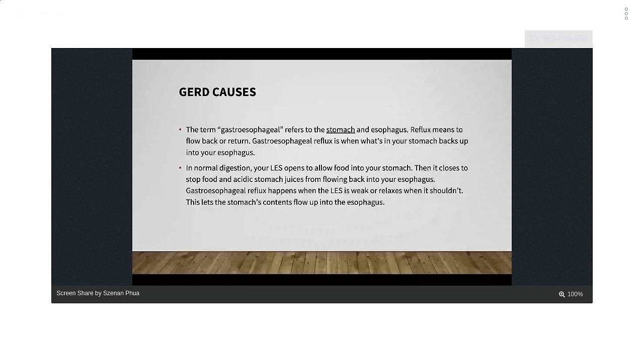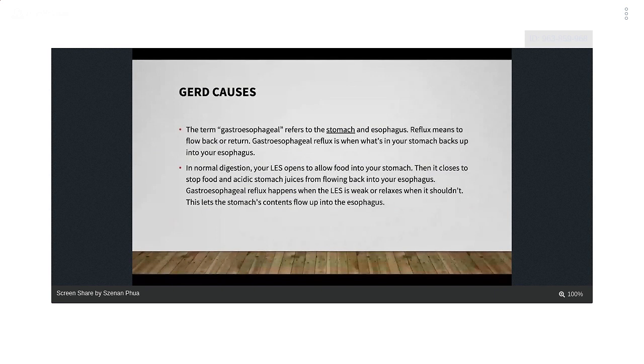In normal digestion, your LES opens to allow food into your stomach, then it closes to stop food and acidic stomach juices from flowing back into your esophagus.